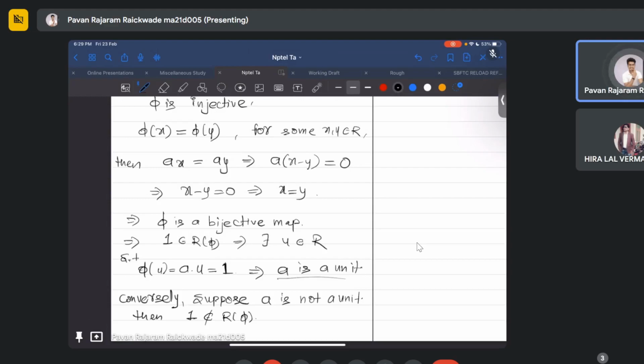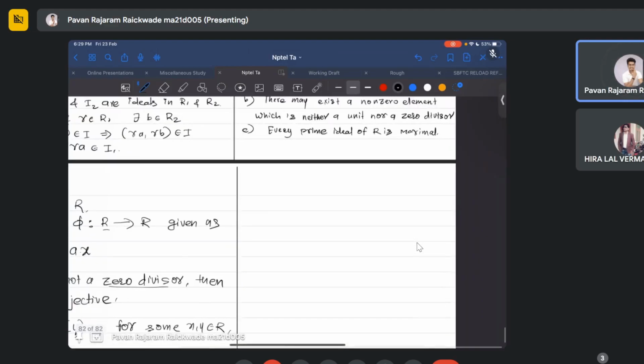So since 1 is not in the range of phi, phi is not surjective, which is the same as phi not being injective, because you have finite rings.